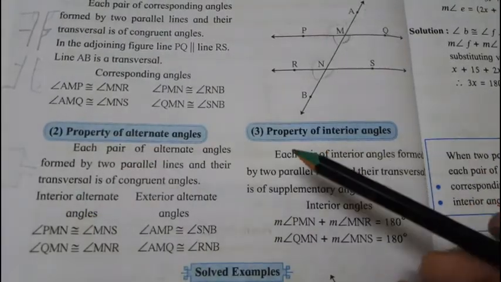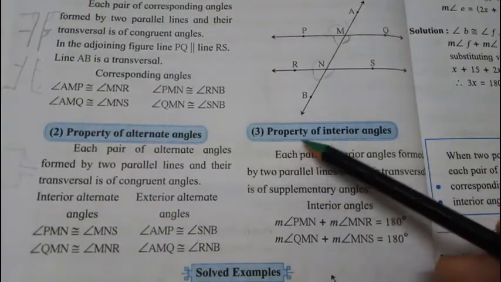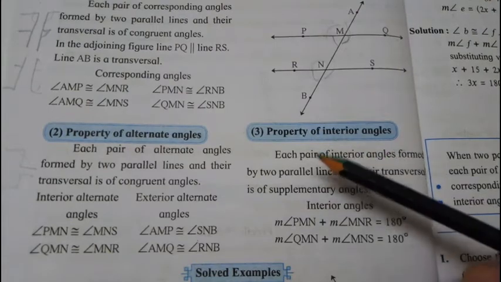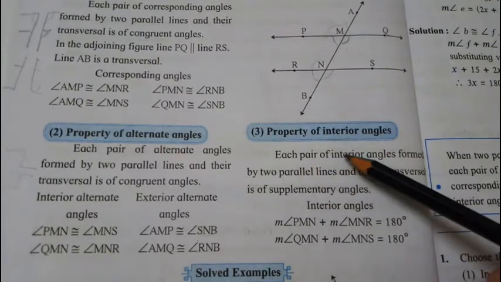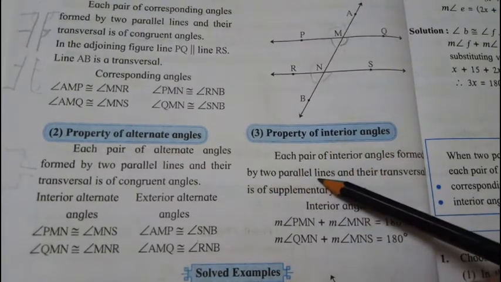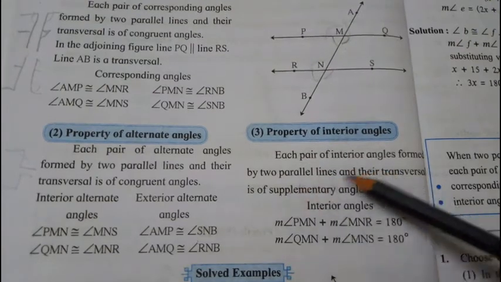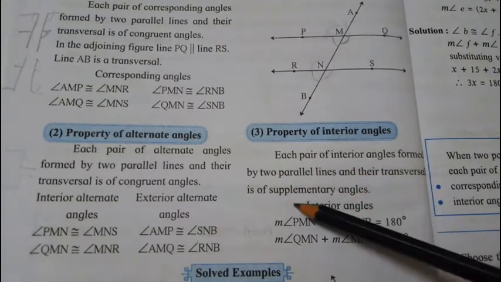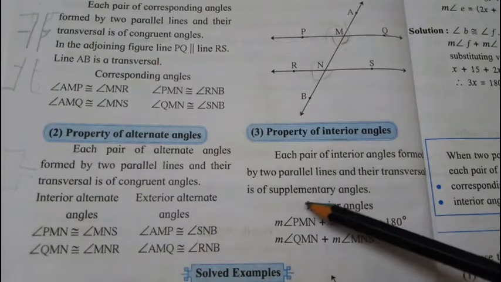Now next is the property of interior angles. Each pair of interior angles formed by two parallel lines and their transversal is supplementary. This property we have already discussed.